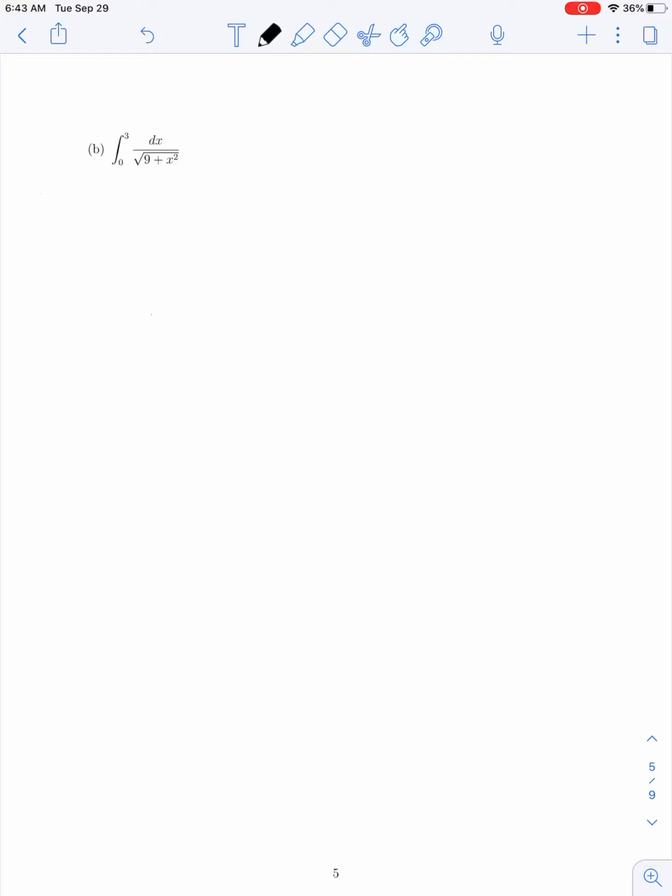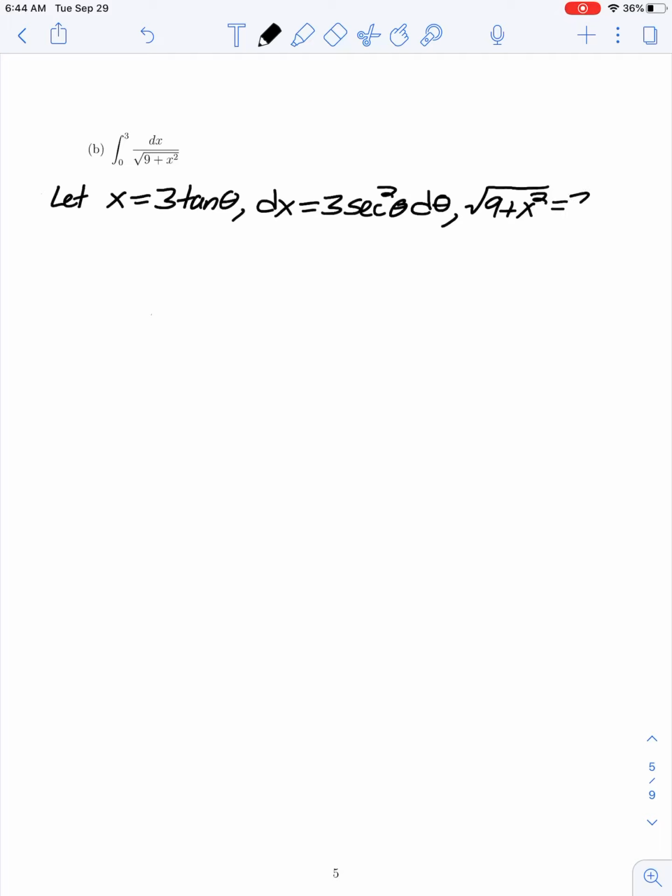And if my integrand involves the square root of a sum of squares, I'm going to make the substitution x is equal to a, in this case 3, times tangent theta. In which case dx would be 3 secant squared theta d theta. And this expression in the denominator, that is the square root of 9 plus x squared, reduces to 3 secant theta.